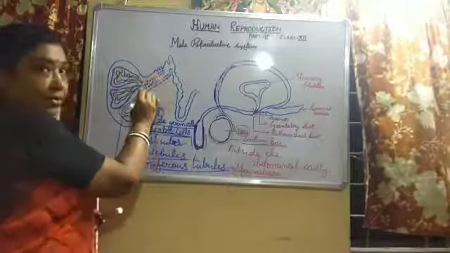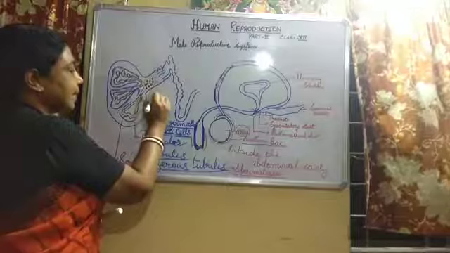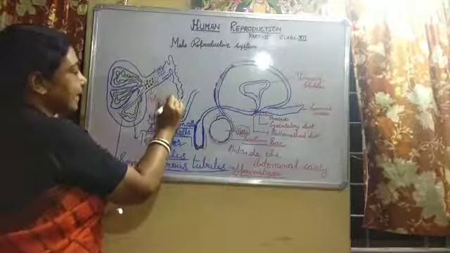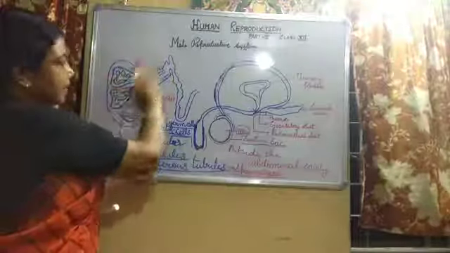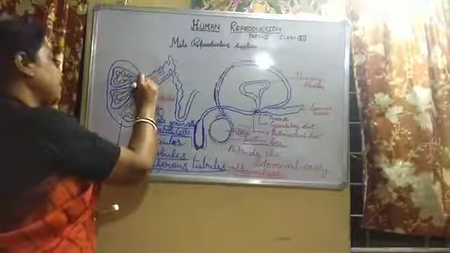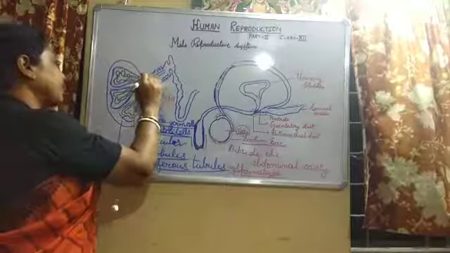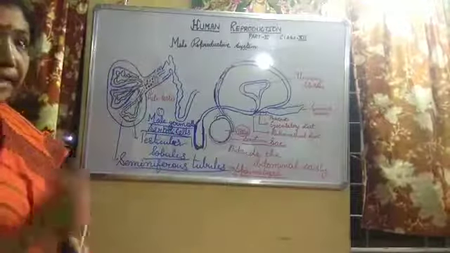This region is known as rete testis. All the seminiferous tubules from the lobes pour their spermatozoa into a space known as rete testis.